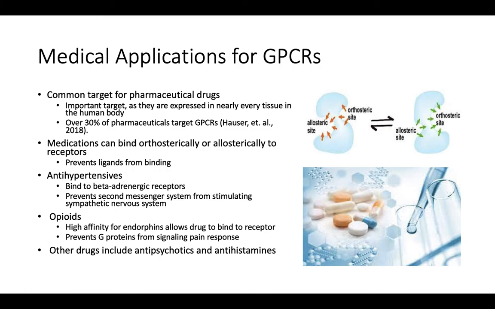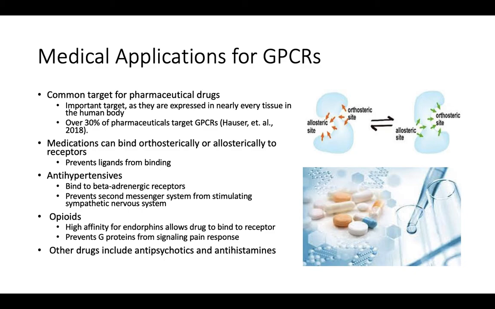And one example of that is the opioid. The GPCR receptors have a high affinity for endorphins, and this allows the drug to bind to the receptor really quickly, and it prevents these G proteins from signaling pain responses.